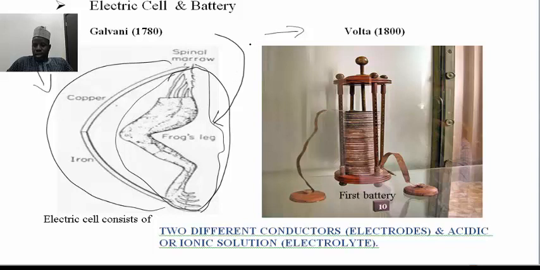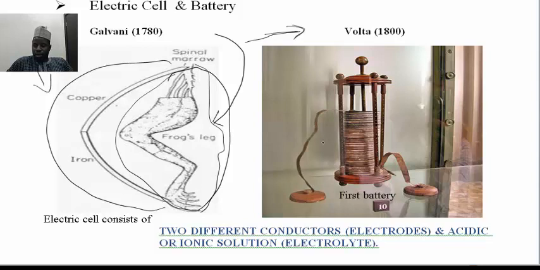So his discovery enabled him to construct the first battery. This is the first battery that existed, where we can have a continuous supply of current.